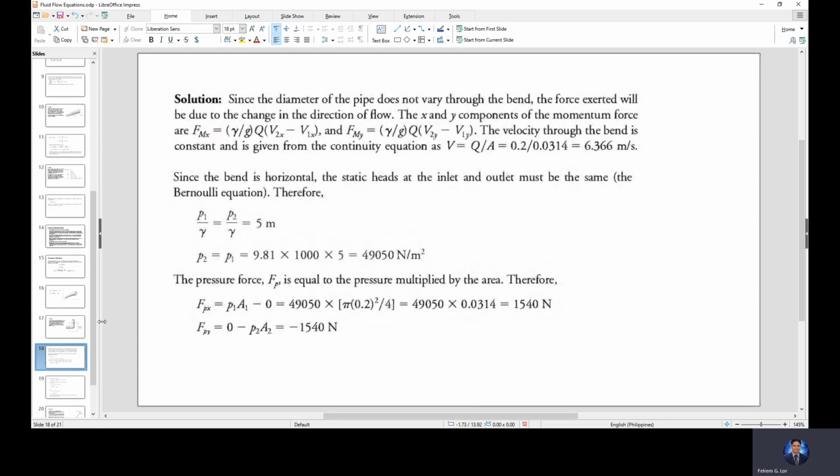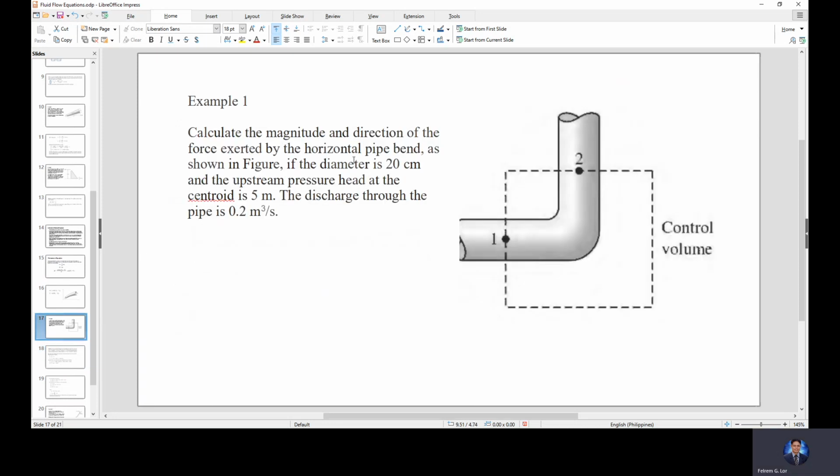Since the bend is horizontal, this is the top view. The upstream depends on the direction of the flow.